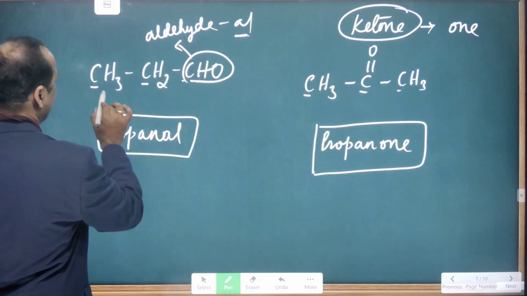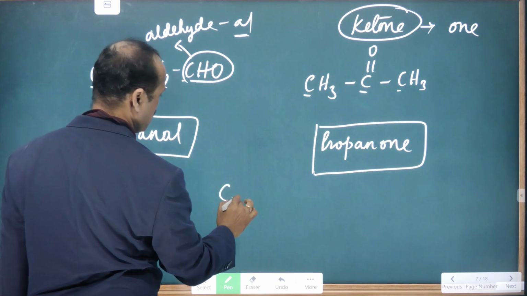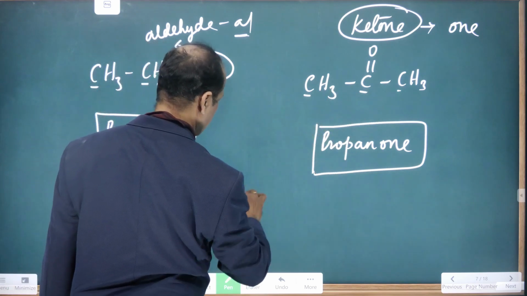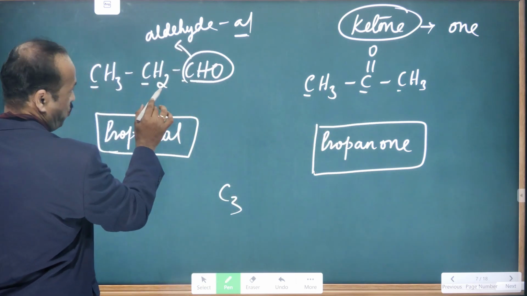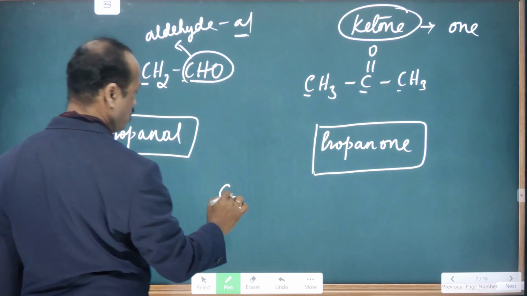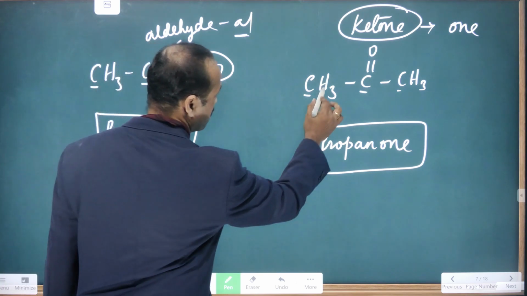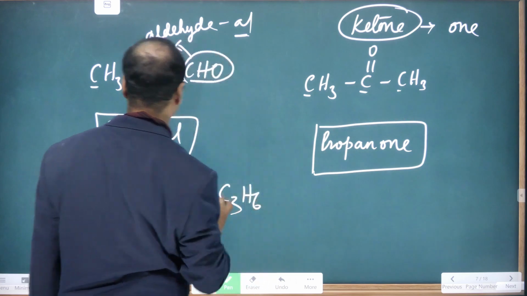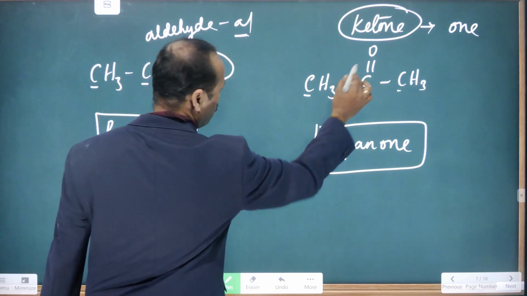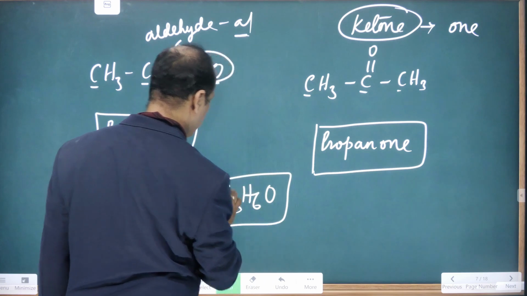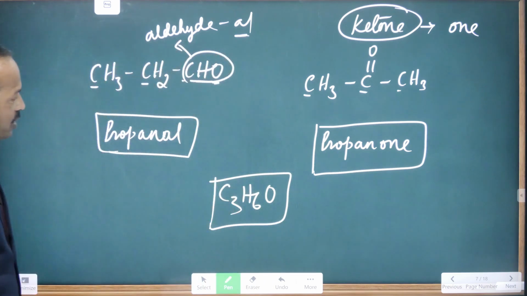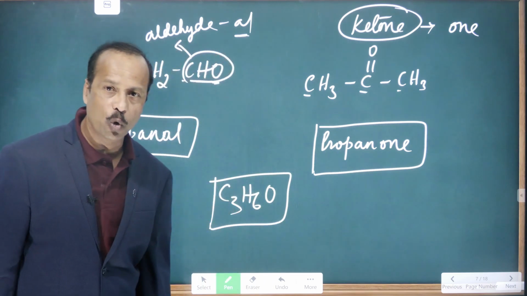Now see, total how many carbons are there? 1, 2, 3. So C3. Here 3 plus 2, 5 plus 1, 6 hydrogens are there. Here 3 plus 3, 6 hydrogens are there. Here 1 oxygen is there, and here also 1 oxygen is there. So both compounds have the same molecular formula, that is C3H6O.